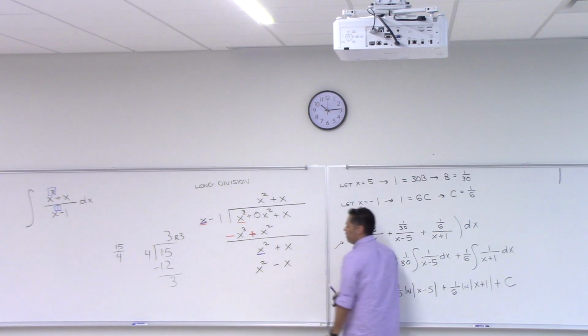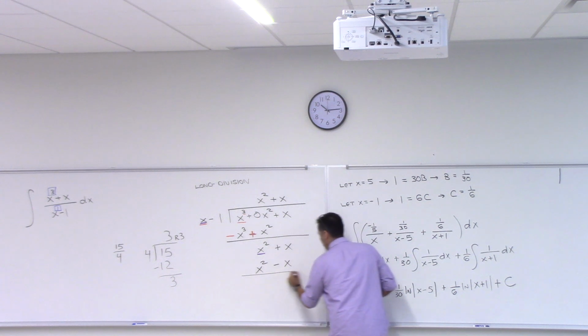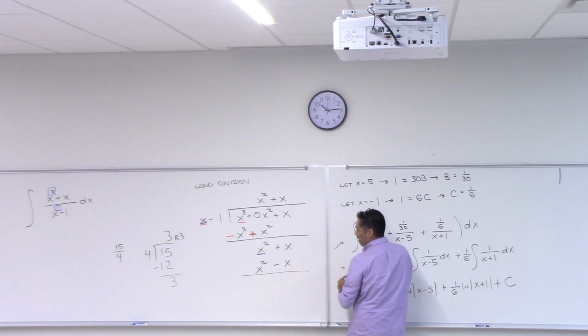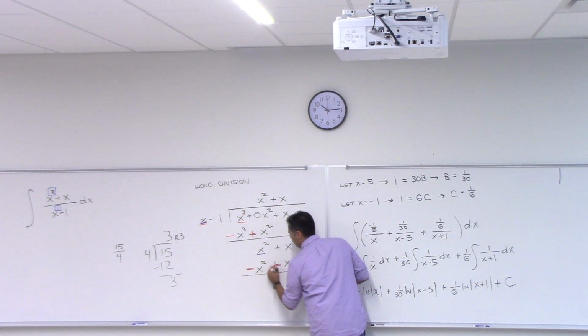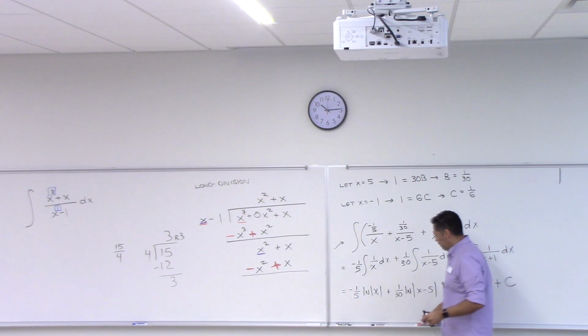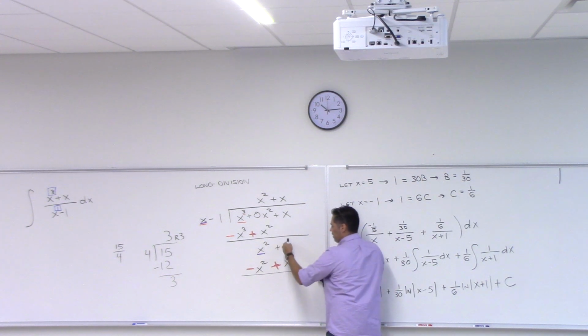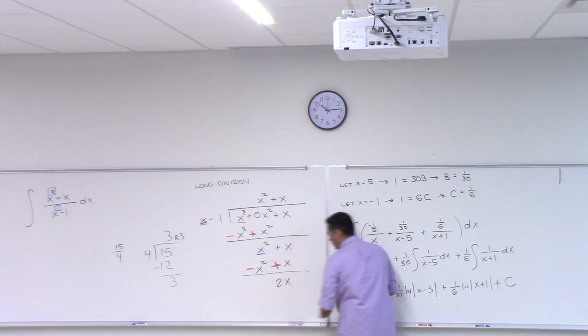Put it right there underneath that x. Then I come through and subtract, which changes this to minus and this minus to plus. See, those x's at the end don't go away. These go away. This is 2x.